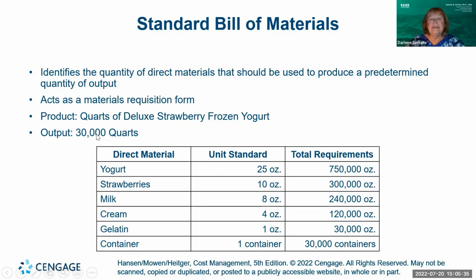So 10 ounces times 30,000 gives us 300,000 ounces. 8 ounces times 30,000 gave us the 240. 4 ounces times the 30,000 quarts gives us 120. 1 ounce per quart times 30 quarts is 30 ounces. And then we had 30 containers.